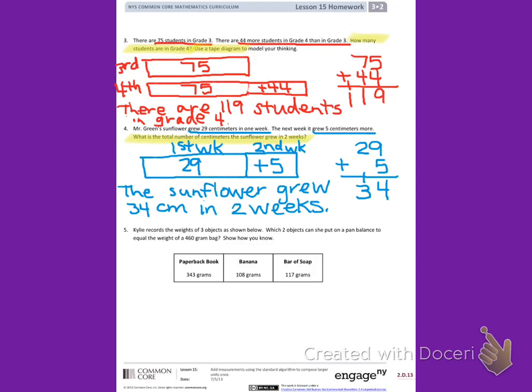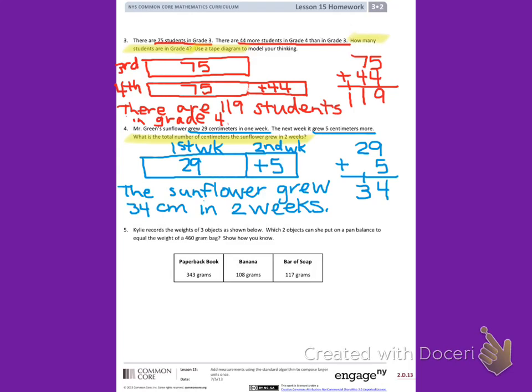Finally, question 5 says, Kylie records the weights of 3 objects as shown below. Which 2 objects can she put on a pan balance to equal the weight of a 460-gram bag? Show how you know. I'll underline the important details. Kylie records the weights of 3 objects as shown below. Nothing important there.